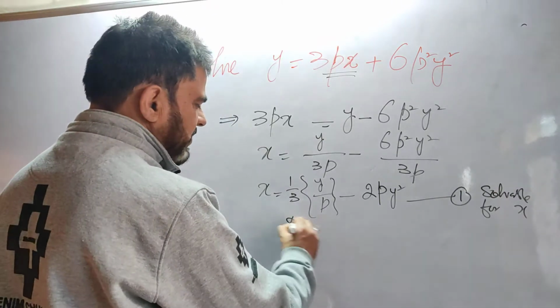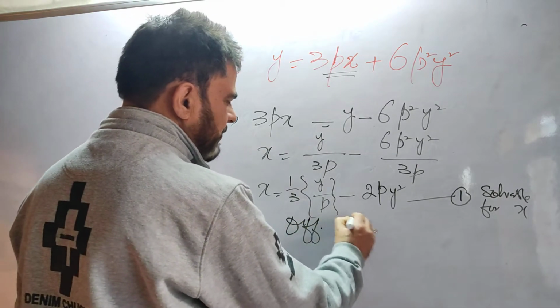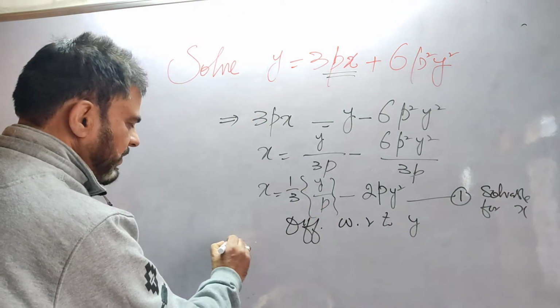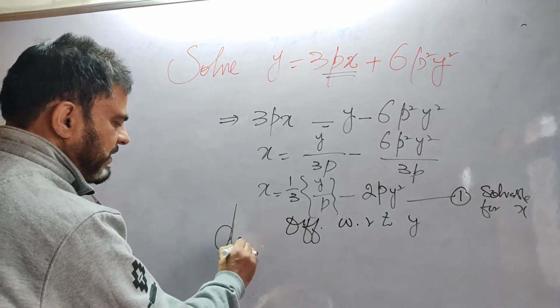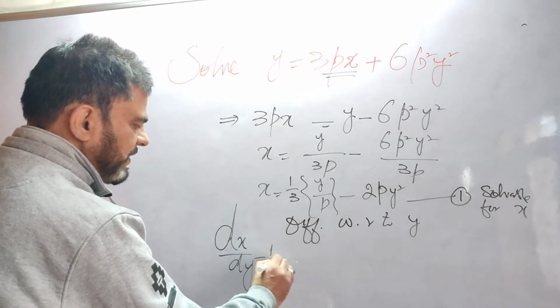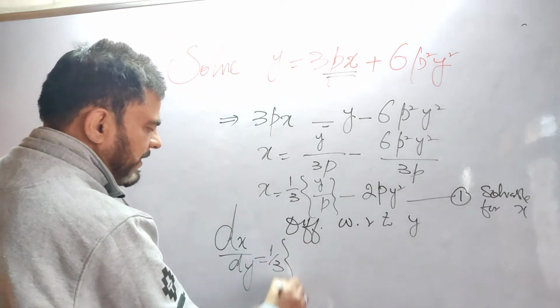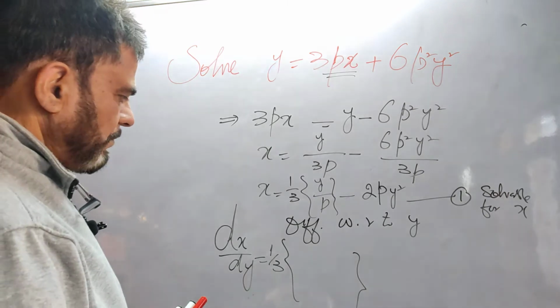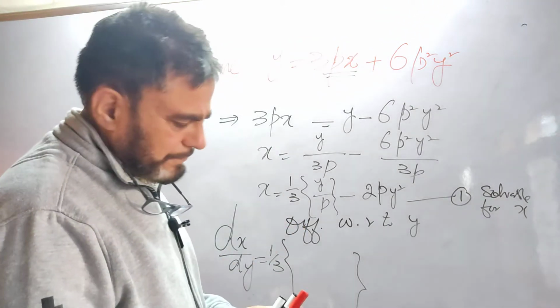How do we go then? Let us differentiate this now. Differentiate with respect to y. When we differentiate with respect to y, how do we proceed? It is dx by dy is equal to 1 by 3. Here I will have to use the division rule.